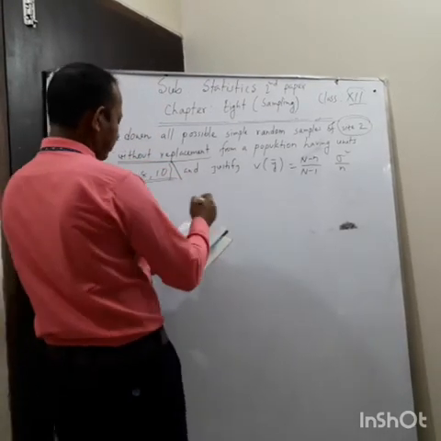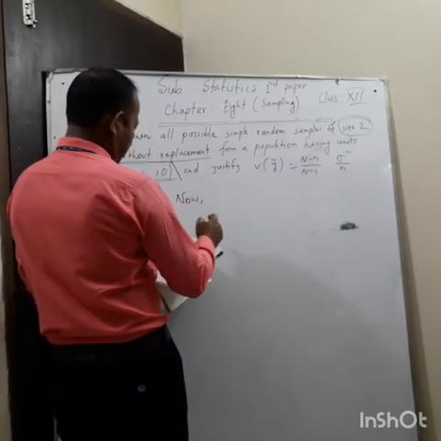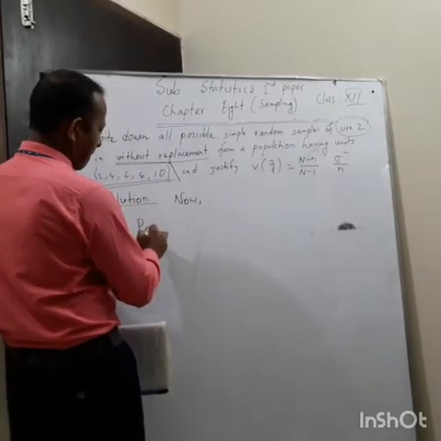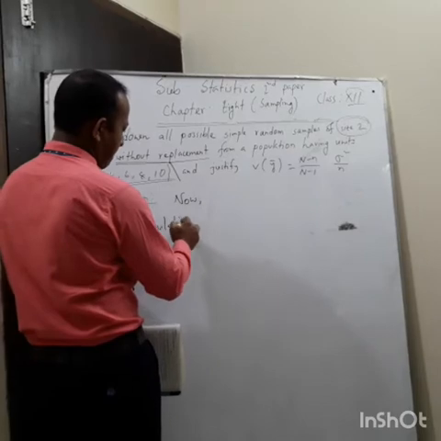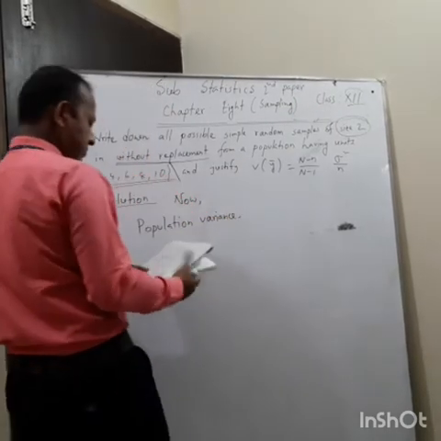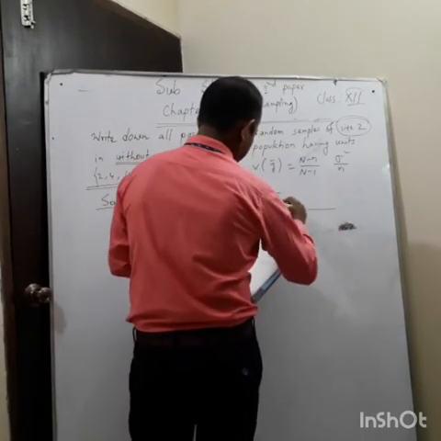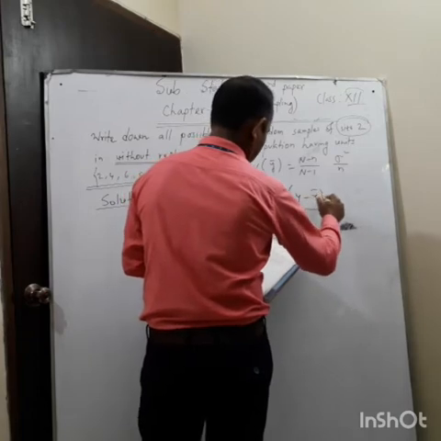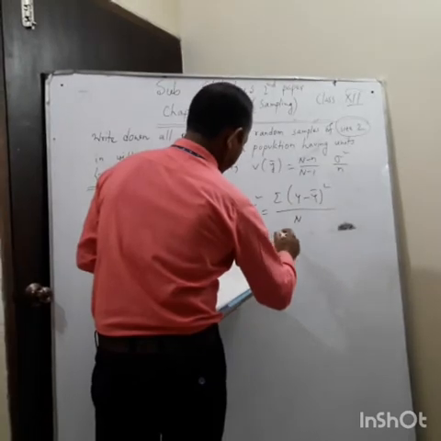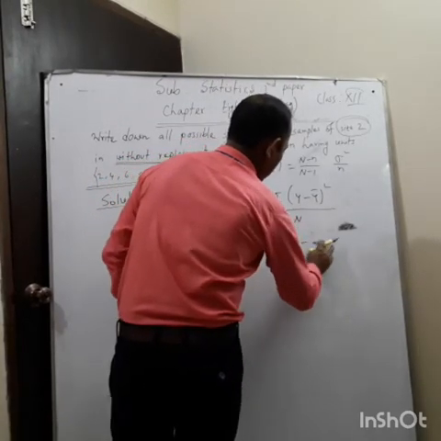Now the population variance, which is sigma square, equals summation (y minus y bar) whole square divided by capital N, which is equal to summation y square divided by N minus y bar square.